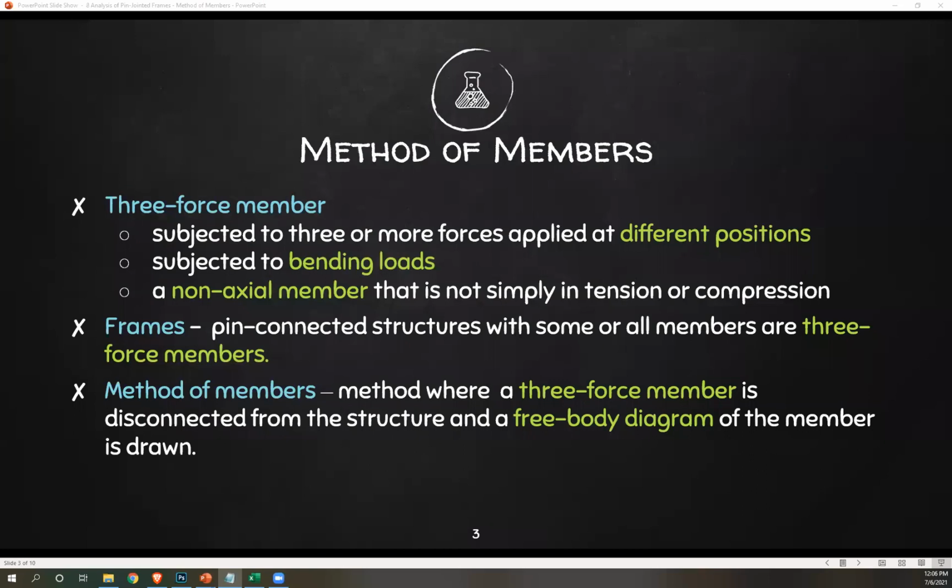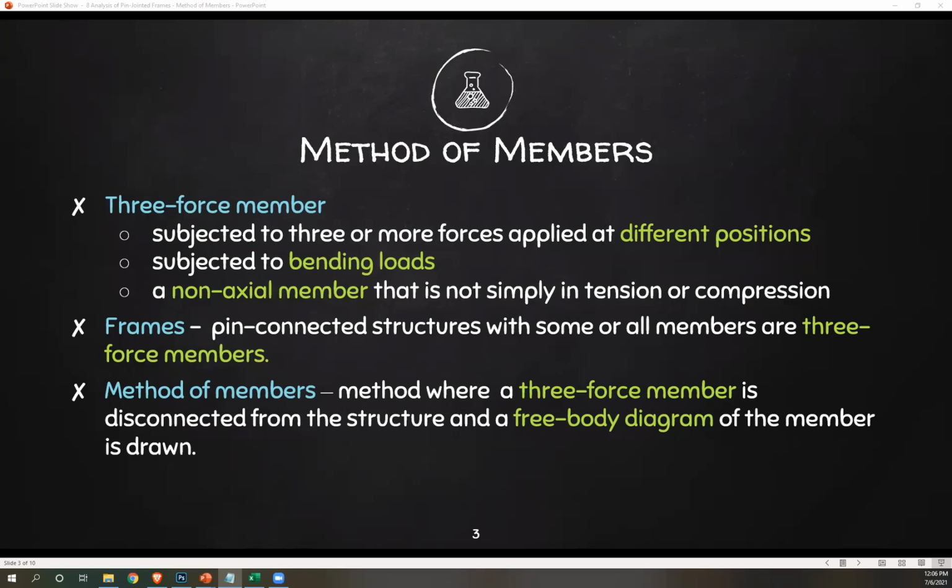Now, in our previous topics, we were considering two-force members, right? Meaning the forces are at the ends of your member, hence two-force members. Now, three-force, we have forces at different positions. That means it's not just at the end, it could be at the actual member itself or along the span.